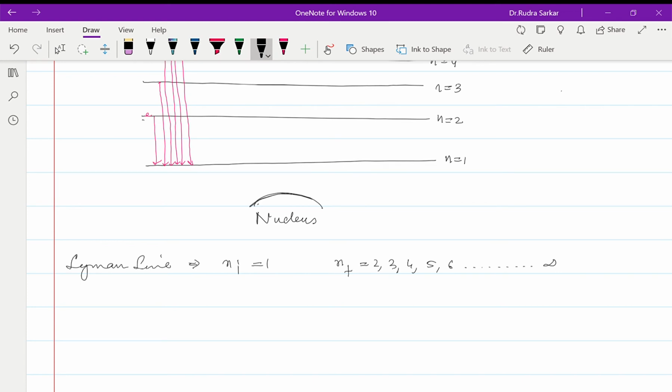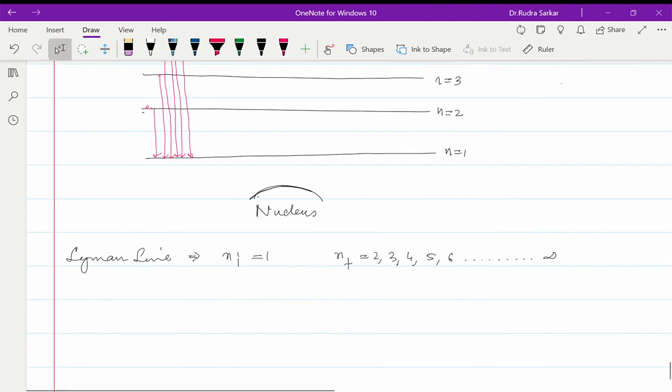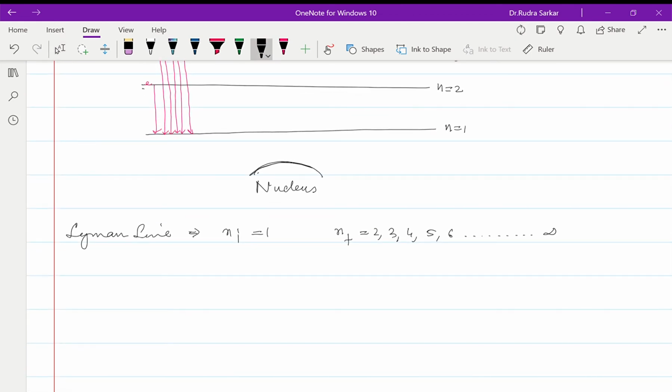अच्छा, now you have to understand one thing out here. When ni is 1 and nf is 2, this line we will say the first Lyman line. Clear है बोलो? If it is this, so this is the smallest energy gap.